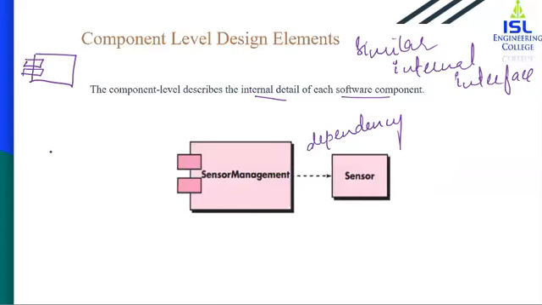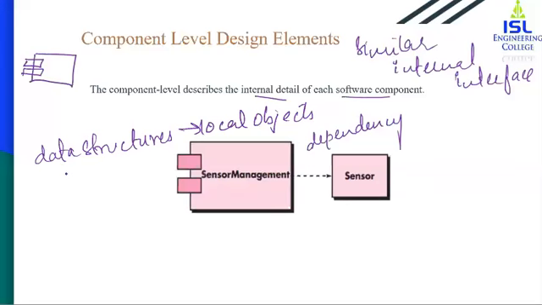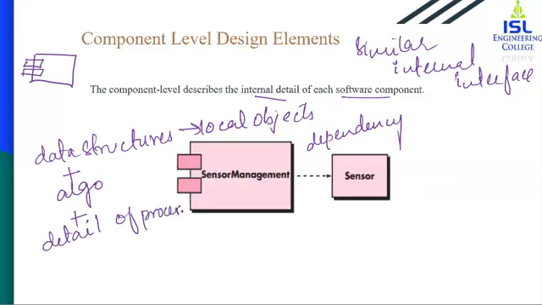Within this component level design, it is going to identify all the different data structures. These data structures are identified for all local data objects, and if there are any algorithms, they are also identified, along with the details of processing, how you're going to process the data that occurs within a component.